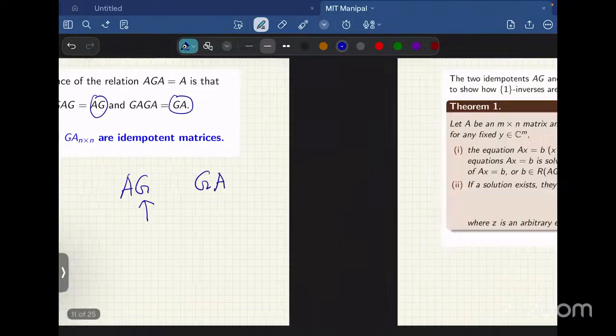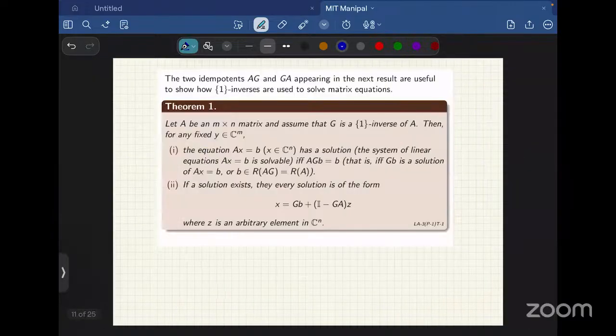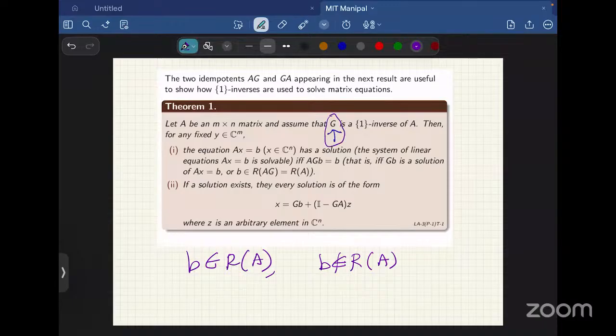When we have a 1-inverse, we want to check whether the system is solvable or not, whether the particular b is in the range of A or not. If I know one G, which is a 1-inverse, then we can check this condition. This condition is simple.